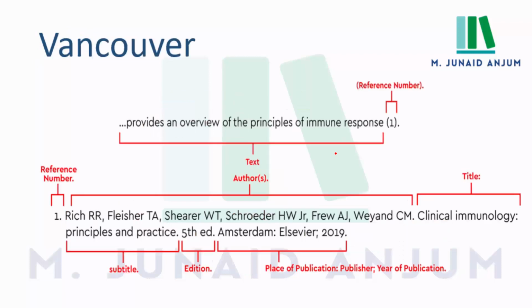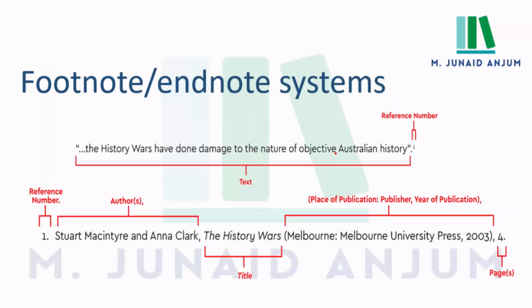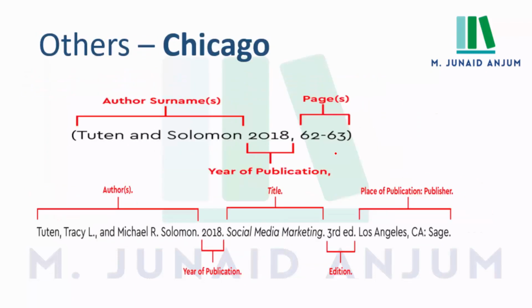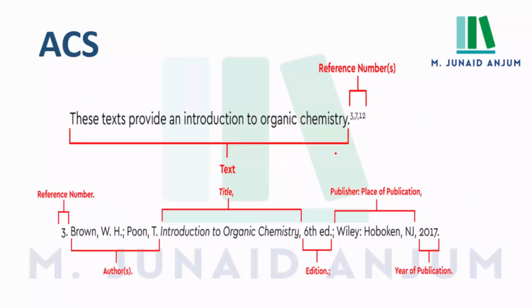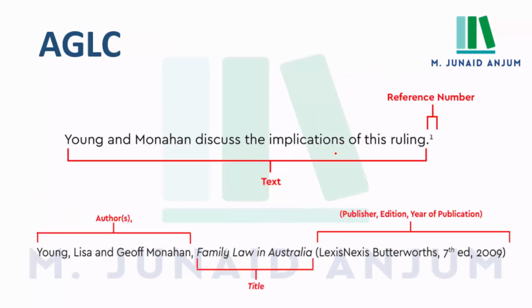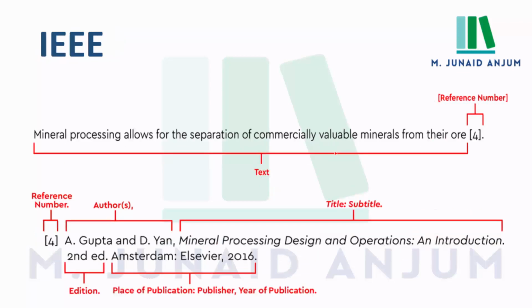Next is Vancouver, it is like a reference number, and the same number will appear in the bibliography for the same reference. Footnote and note system is like this, and others like Chicago style is like this, ACS style is like this, AGLC style is also similar to footnote, IEEE style is like this, mostly used in computer and other fields.